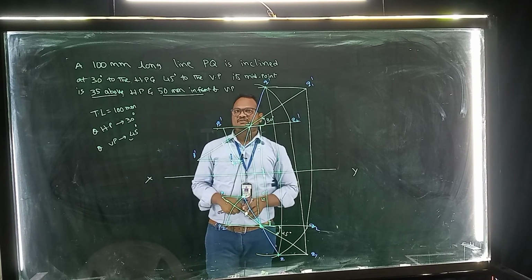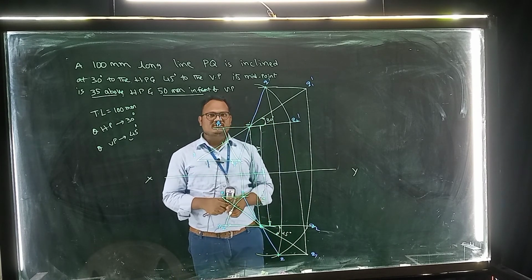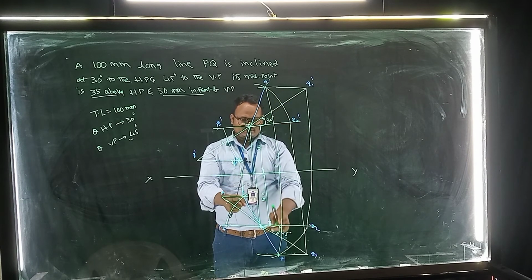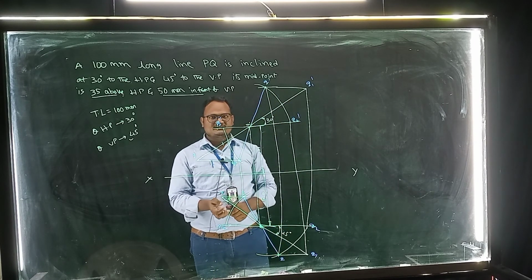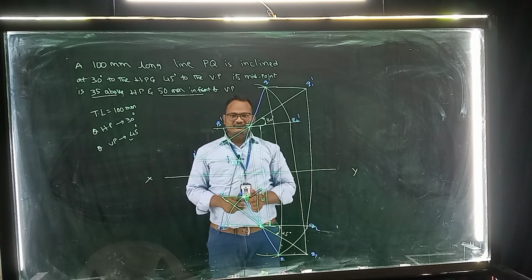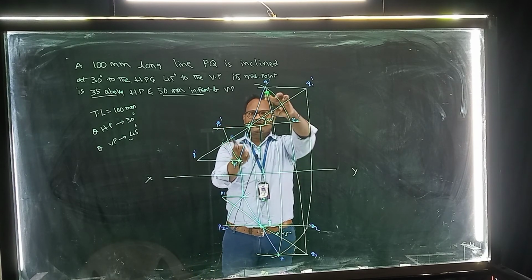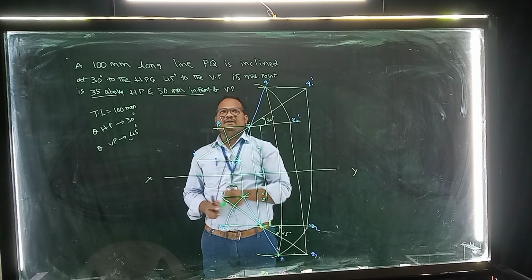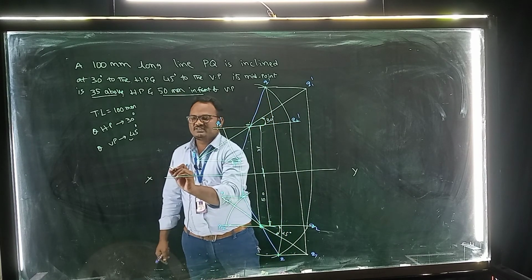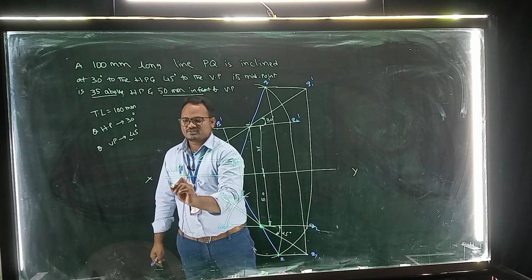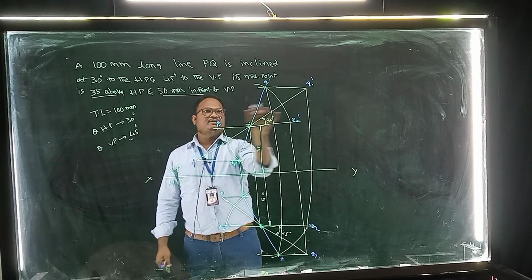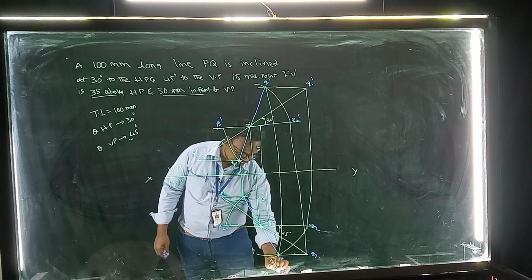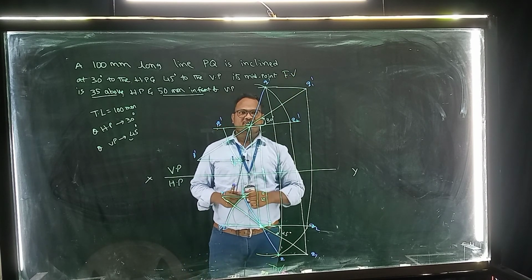Then only whatever you draw in the projections is correct. So this is the final front view and final top view of a straight line PQ 100 mm long. This is the vertical plane VP, this is the horizontal plane HP. Finally this is the front view, this is the top view of the straight line PQ, 100 mm length.